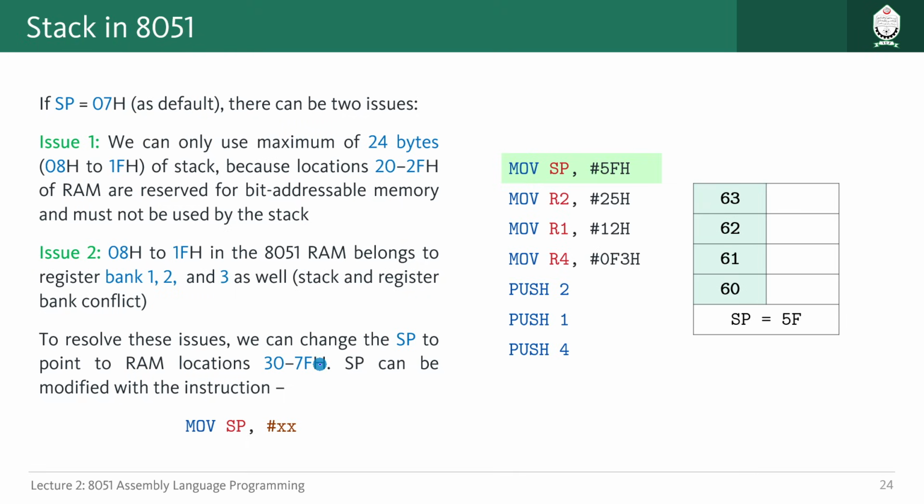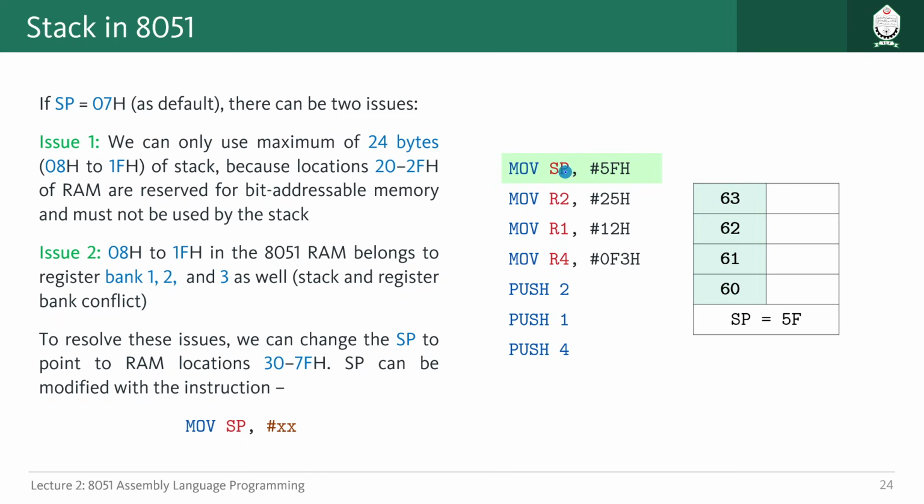That means it will not cause any conflict to the bit addressable memory as well as the 3 register banks we have, right? So how to do that? We can use this kind of syntax. Basically we can just call the stack pointer and write a specific value as a RAM address. That's the idea.